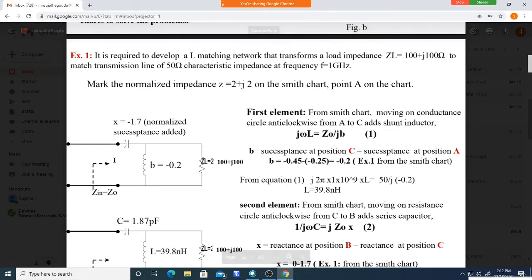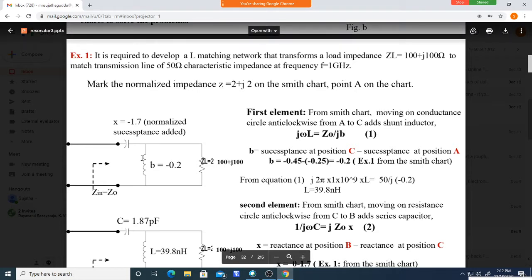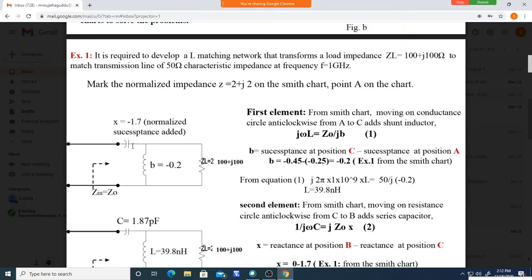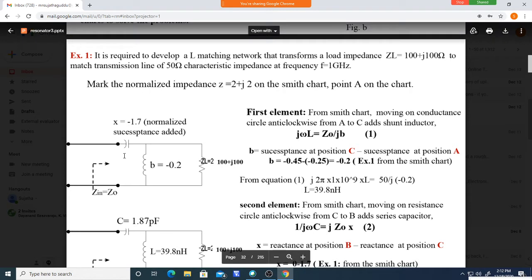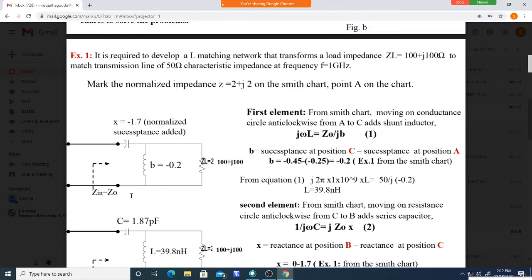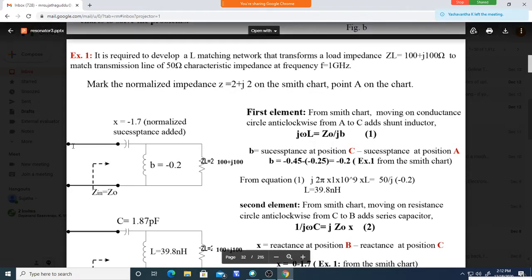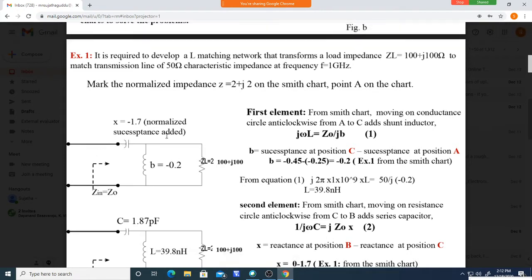Once the impedance between these two terminals is equal to 50 ohm, which we can do by adding this component and this component, the impedance between these two terminals becomes 50 ohm, equal to Z naught. So automatically the maximum power from the source, passing through this transmission line, will be delivered to this part of the network.